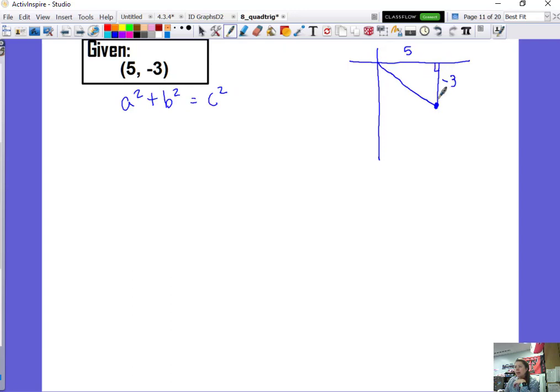The legs of my right triangle are my a and b, so I have 5 squared plus negative 3 squared equals c squared, and so 25 plus 9 equals c squared, which is the square root of 34. That is 5.83.